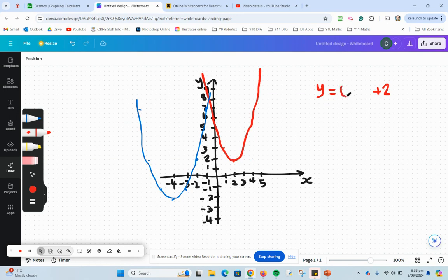There has to be a minus before it's squared. So minus 2 to shift it up the axis, and then squared, and this minus 2 shifts it up 2.